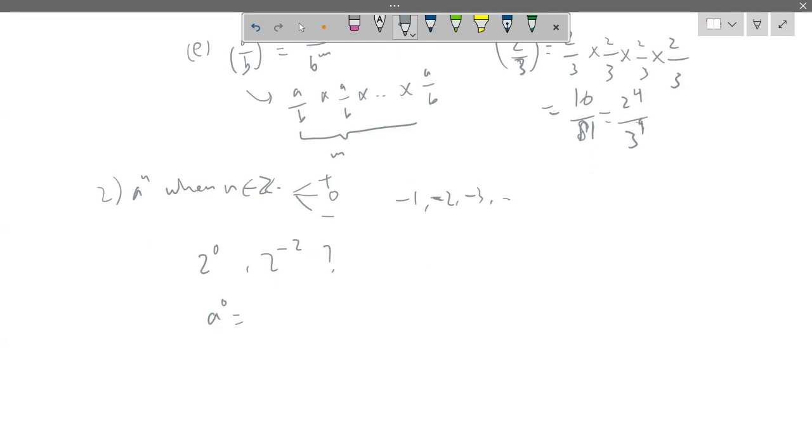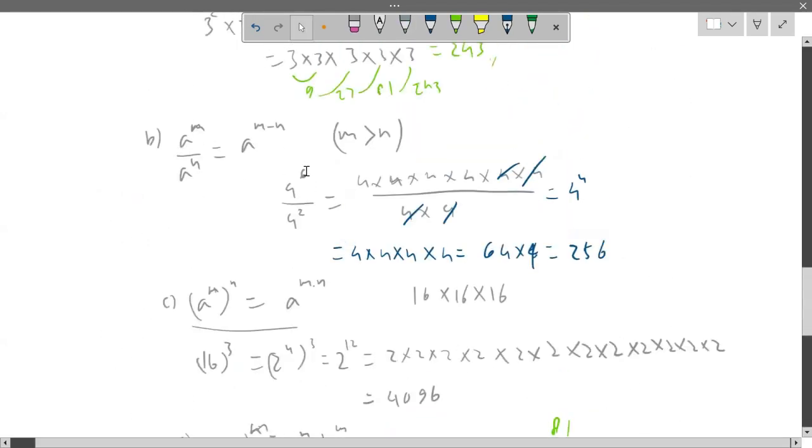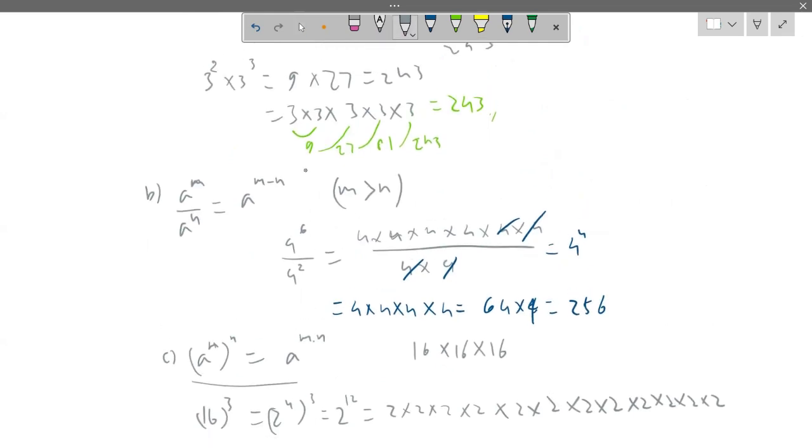So this is another one of those properties of exponents. Here we have to look back into the second property that we established earlier about the ratio of two exponents. Now recall that we had to assume that m is greater than n.